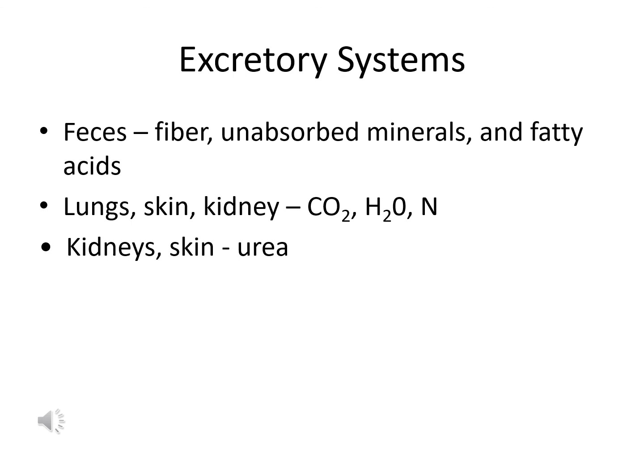Our body can get rid of them or eliminate them through the feces. Then we can also have the byproducts, often of metabolic breakdown, which include carbon dioxide, water, as well as nitrogen. Our lungs, our skin, and our kidneys are able to excrete those.